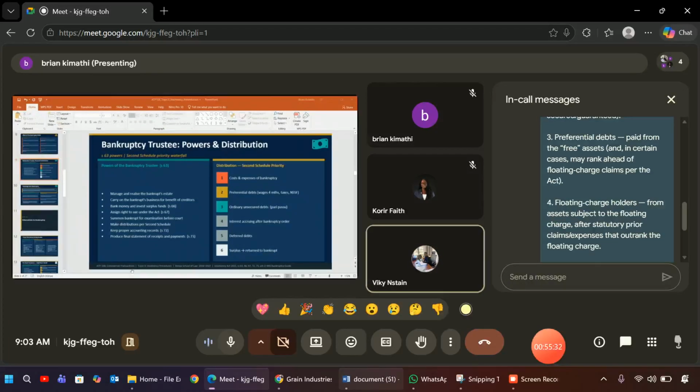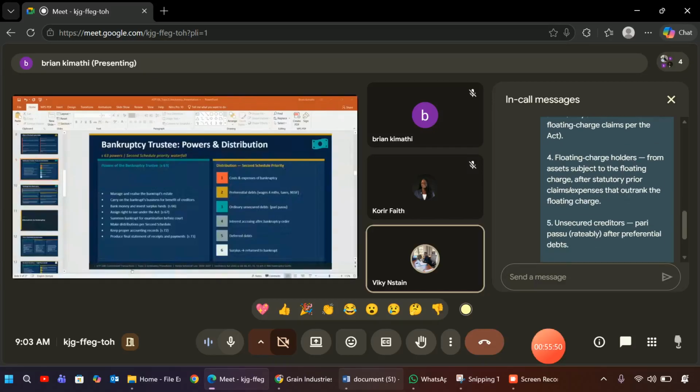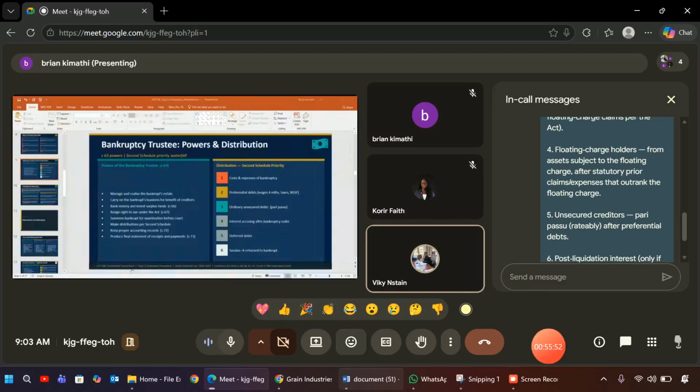Alafu we look at number 4 ni floating charge holders. From assets subject to the floating charge after statutory prior claims or expenses that outrank the floating charge. So hapo I believe iko straightforward juu unatoka preferential alafu unaingia floating charge holders.